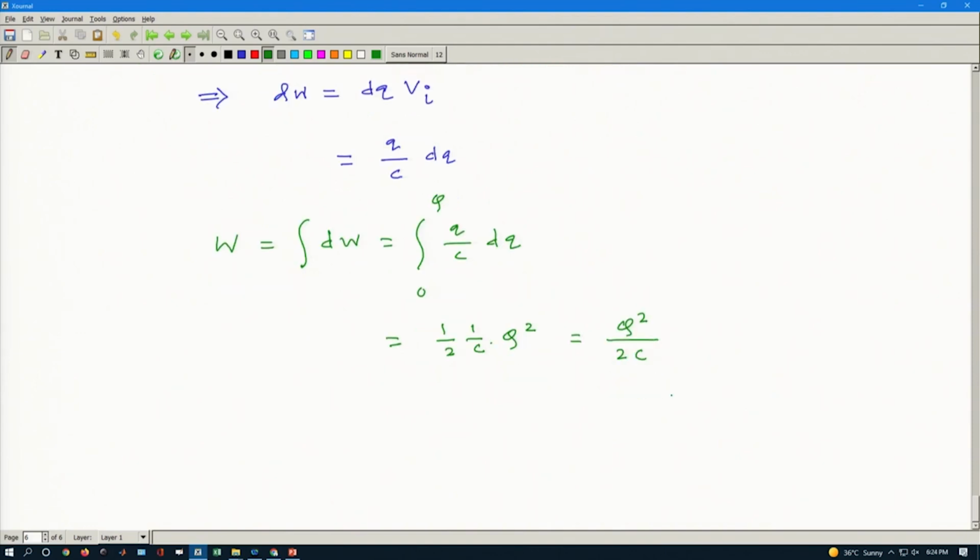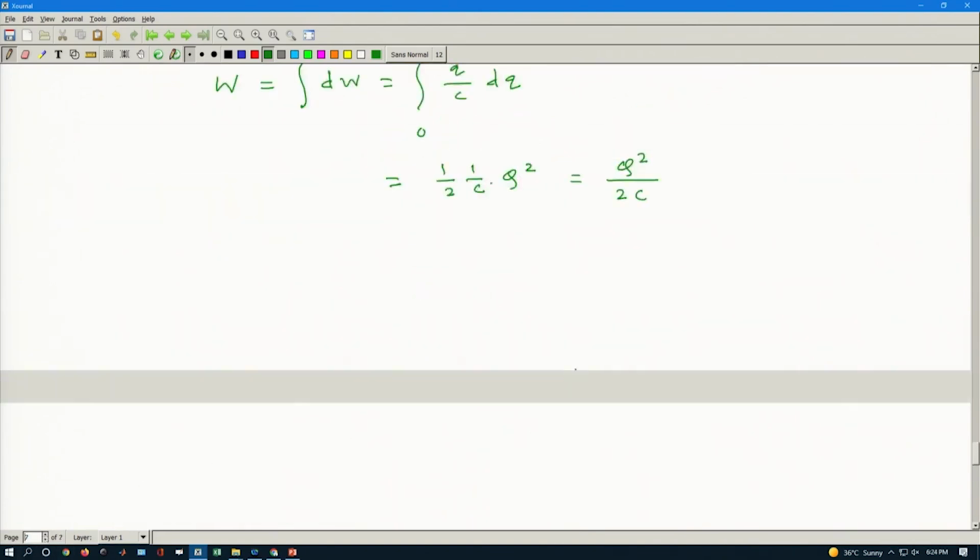But Q again in terms of potential: for a capacitor, Q is equal to CV, right. So, that basically gives us the expression, the total work done is half, and with Q equal to CV, once you cancel out, half C V square.